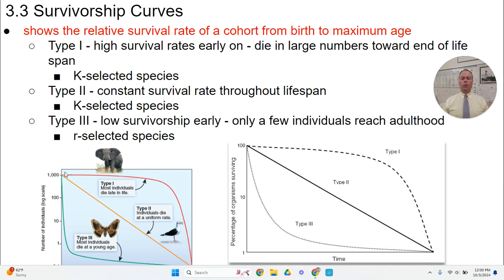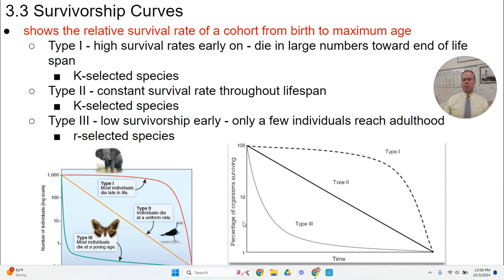And what we see when we look at the survivorship of different species over time is that they may exhibit three different types, and we call them type 1, type 2, and type 3 survivorship curves. So we can look at type 1 survivorship curves first.